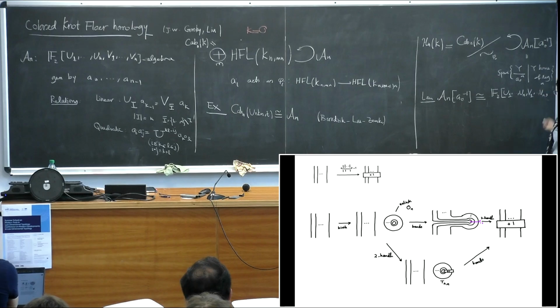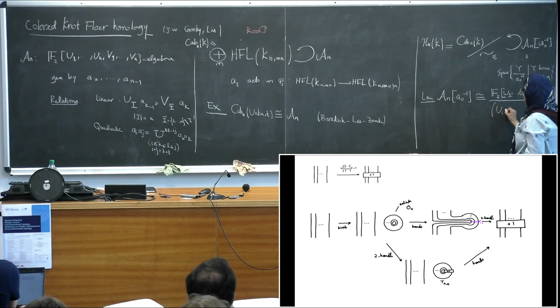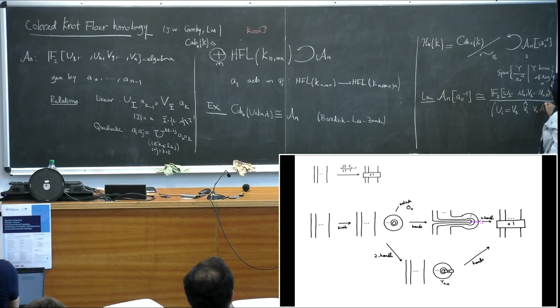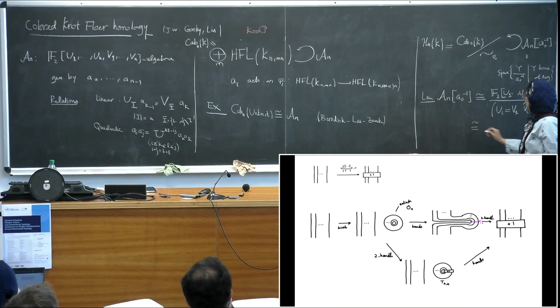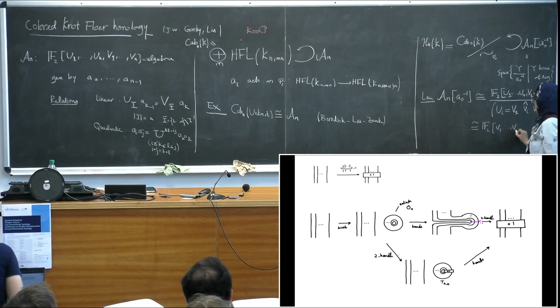Quotient of this with just an extra element added, mod out with ui is identified with v1 dot dot dot, vi is removed, dot dot dot, vn times this a. So that's how this a is related to the action of v's and ui's. And this is, well, okay, it's just isomorphic to F2 of v1 through vn and a.